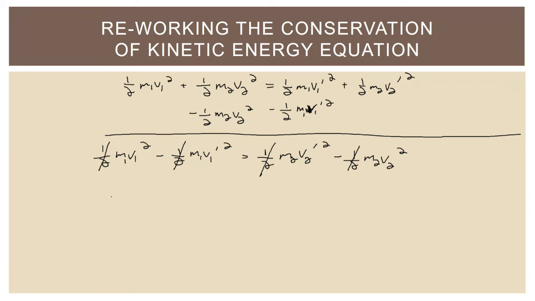Now both of the terms on the left-hand side have an m1. So I'm going to write m1, and then I have v1 squared minus v1 prime squared. And on the right side, I have m2 in both terms, and so I'm going to have v2 prime squared minus v2 squared. Okay, so that's correct.